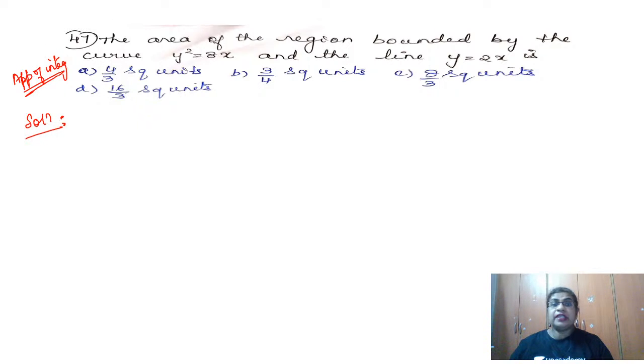The area of the region bounded by y square is equal to 8x and the line y is equal to 2x is asked. Whenever we have y square is equal to 4ax, the parabola, what is the trick to draw the figure? I will explain both ways.